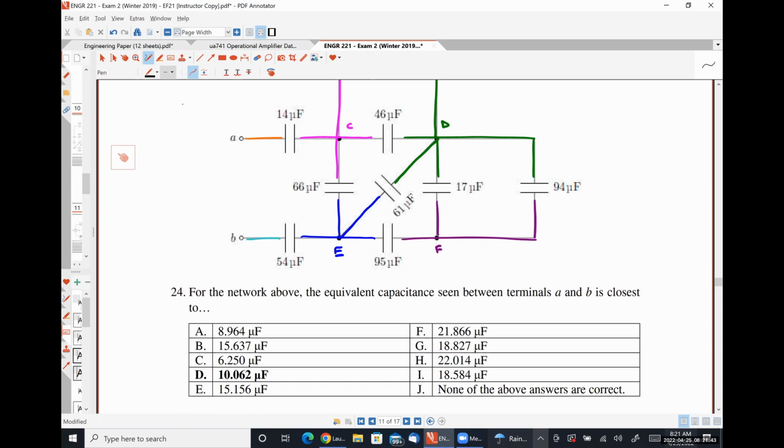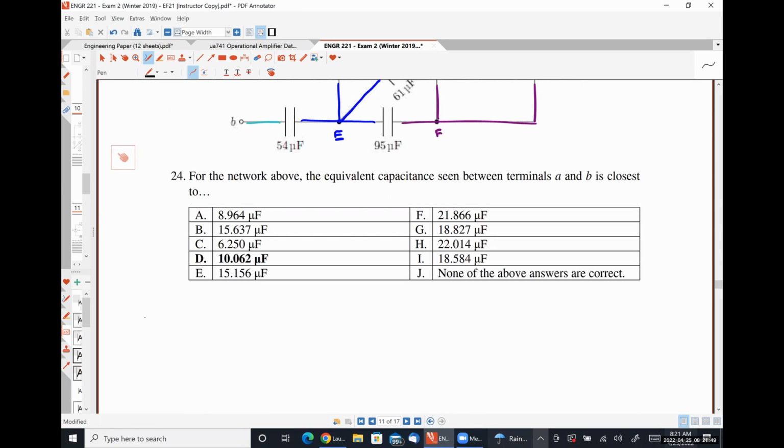I'm trying to find the equivalent capacitance seen between A and B. So I'm going to put A over here on one side and B over here on the other side.